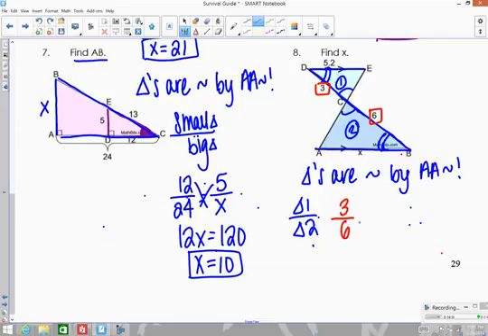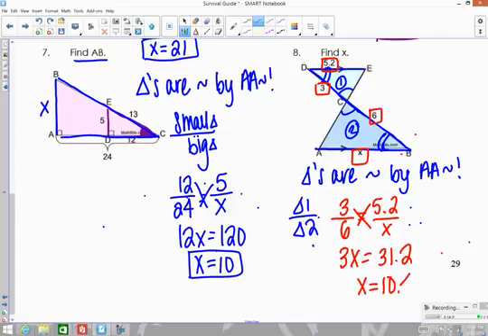So that's why 3 and 6 correspond. And then 5.2 of triangle 1 corresponds to X on triangle 2. So then we cross multiply. So we get 3x equals 31.2. Divide both sides by 3, and you get x equals 10.4.